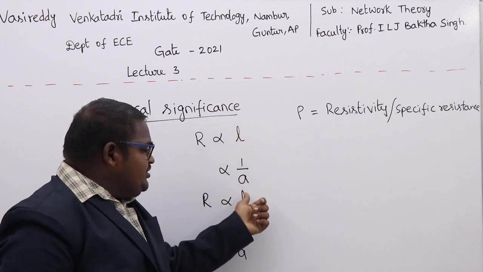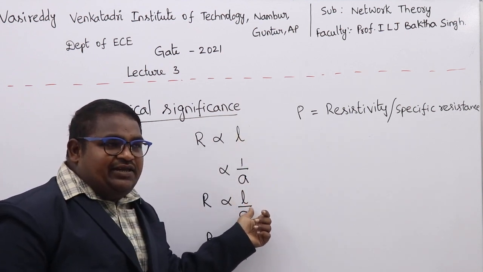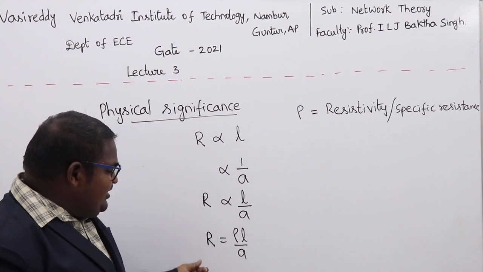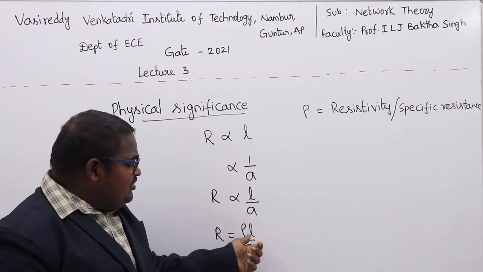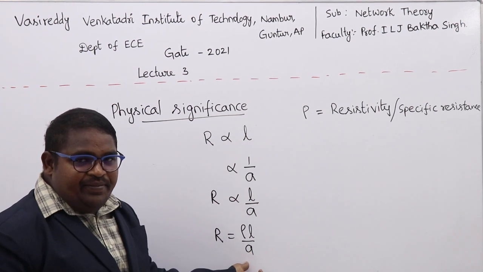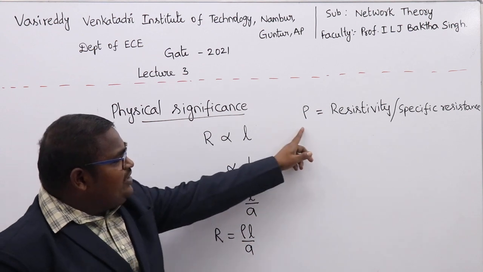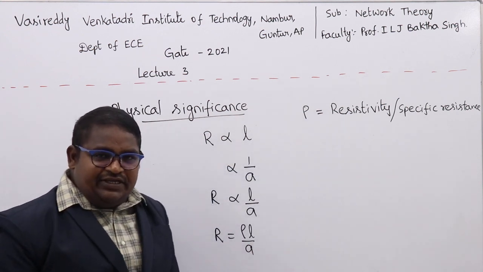If we combine these two, resistance is directly proportional to L by A. If we remove the proportionality with a constant, then we have R is equal to rho L by A. Here rho is called resistivity or specific resistance.